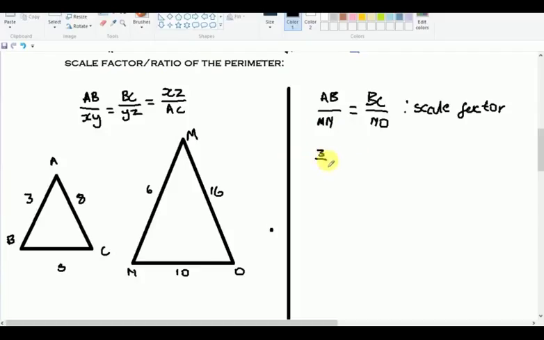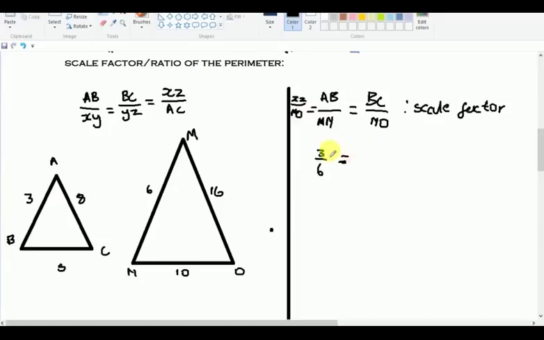So it will be 3 over 6, which is equal to, so that you understand what you're dealing with, let me write all of them, XZ over MO.